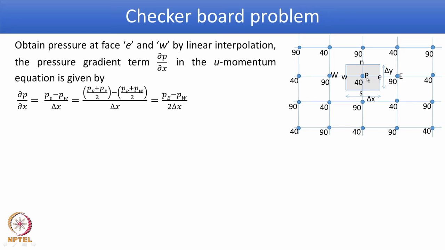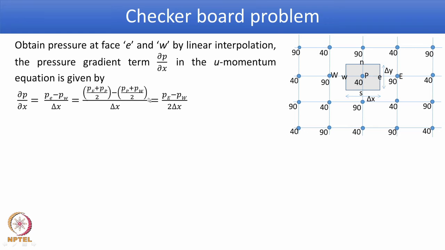Pressure at node P, the point of interest, and pressure at node E, the adjacent node, are used to get pressure at the east face. So, it is shown here as (P_E + P_P)/2. Similarly, for P at the west face, you take pressure information from node of interest P and the west node, and linear interpolation is used, and delta x is there.